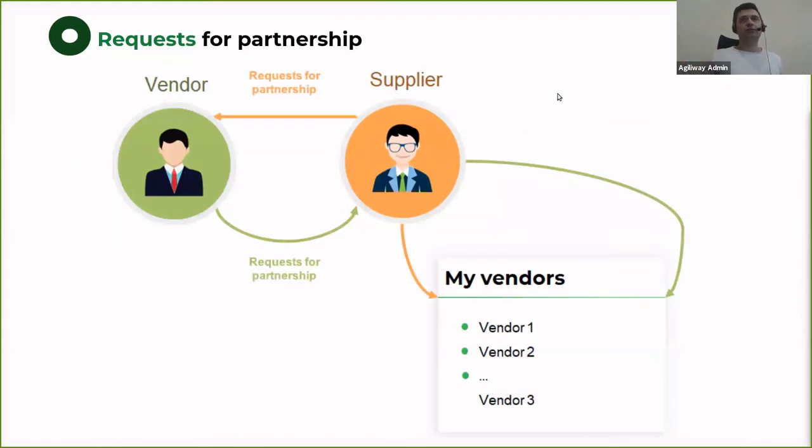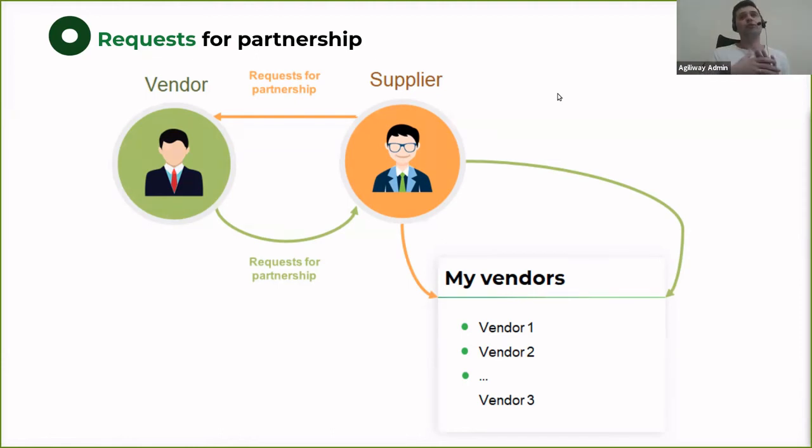And the second request, which I already mentioned, is the request for partnership. So how does it work? First of all, a vendor can send a request for partnership to a supplier.